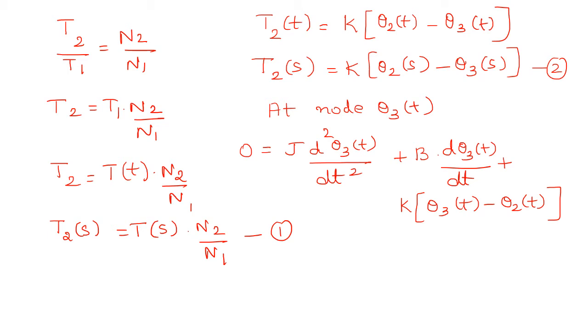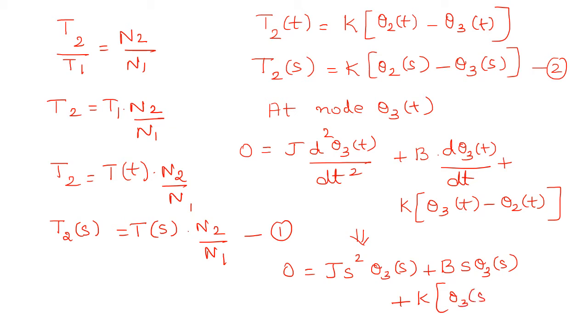Applying Laplace, it becomes 0 equal to J into S square theta 3 of S plus B into S into theta 3 of S plus K into theta 3 of S minus theta 2 of S. Consider this as equation 3.